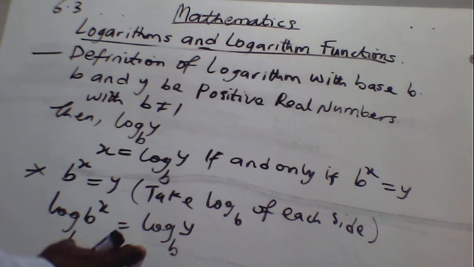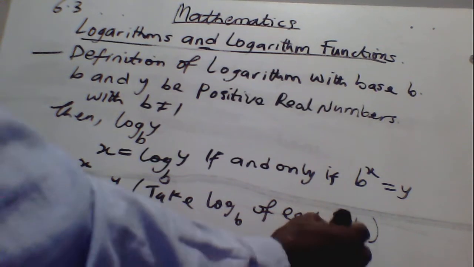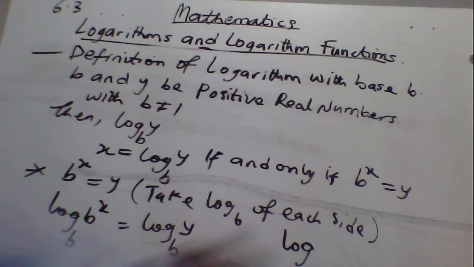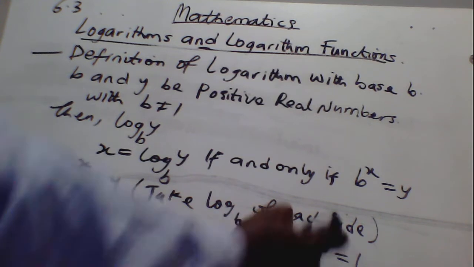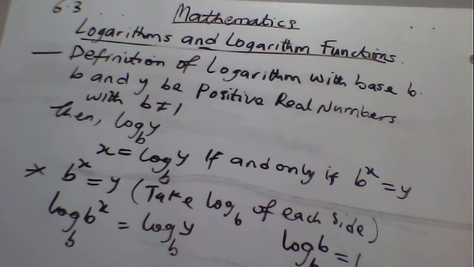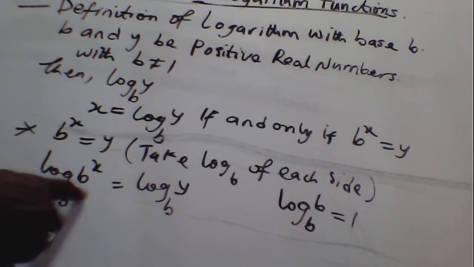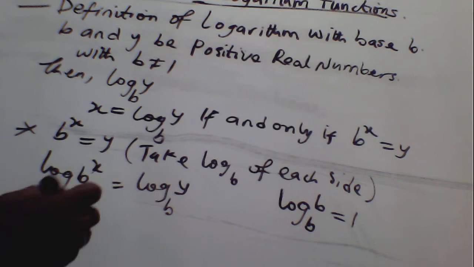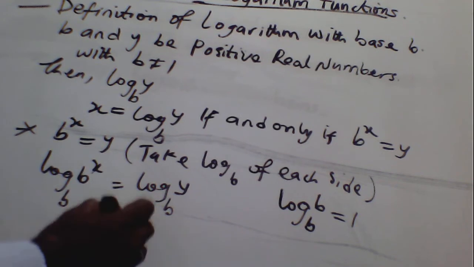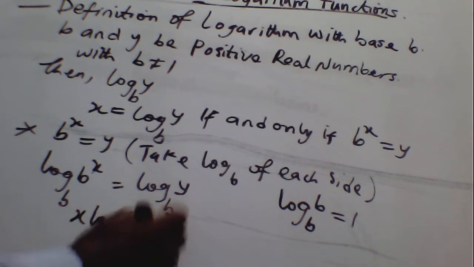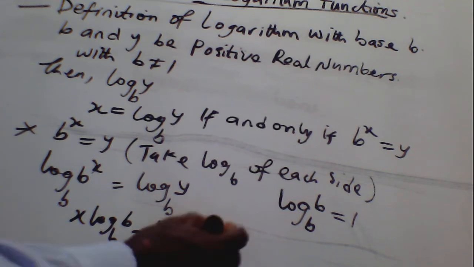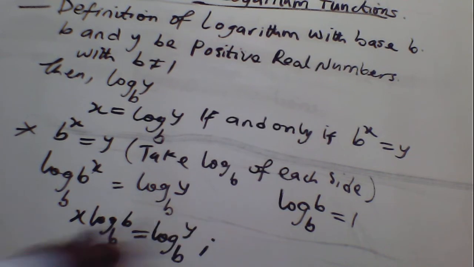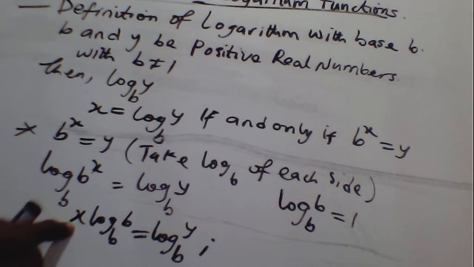So we know that from logarithm, log b to base b is equal to 1. Any log to its base is equal to 1. So from here we have x log b to base b is equal to log y to base b. Since log b to base b is equal to 1, it will be x times 1.